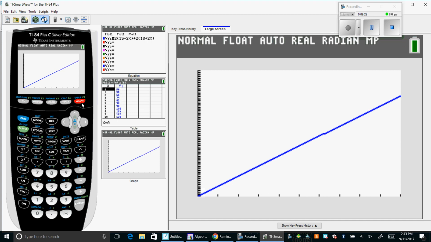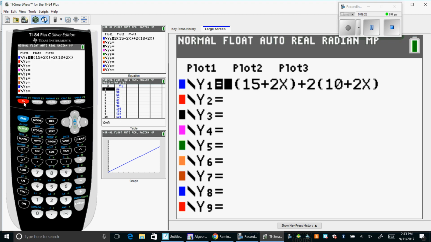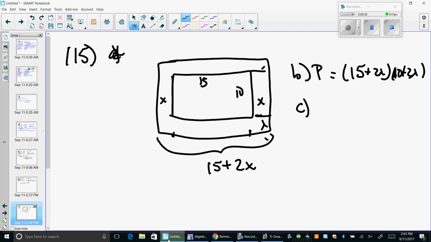So now I need to find the slope of that line. There's a couple of ways I can do that. See, I put area over here too. That's not perimeter. 2 times the length plus 2 times the width.